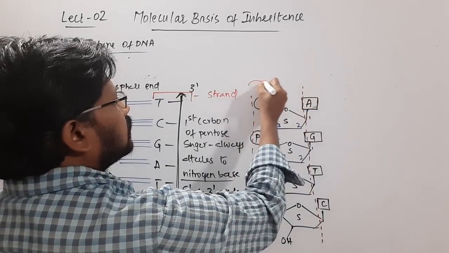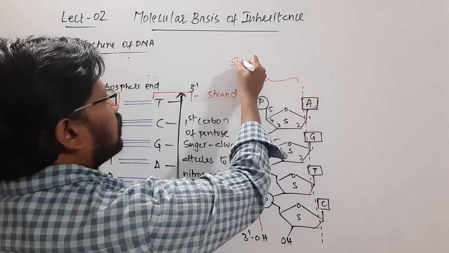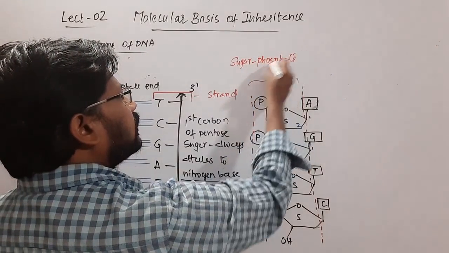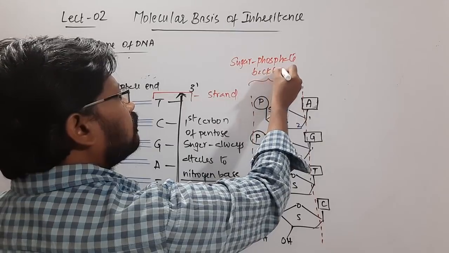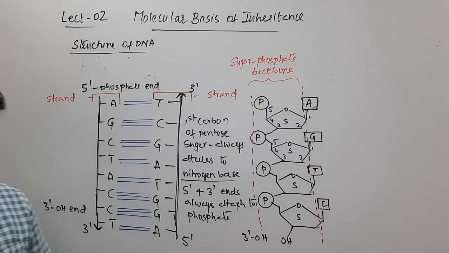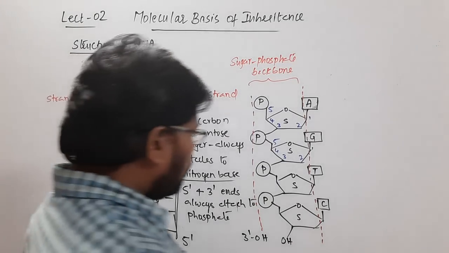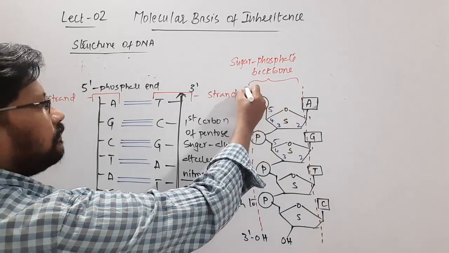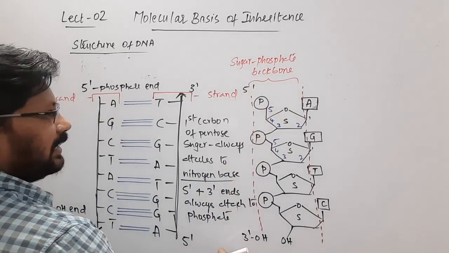This is what I call the sugar phosphate backbone. Now we understood how this 5 dash and 3 dash ends are arranged.